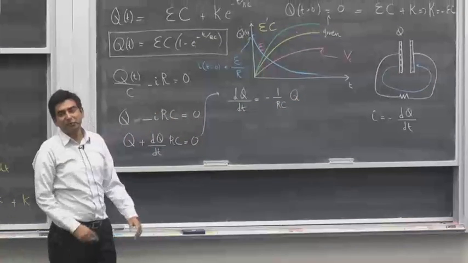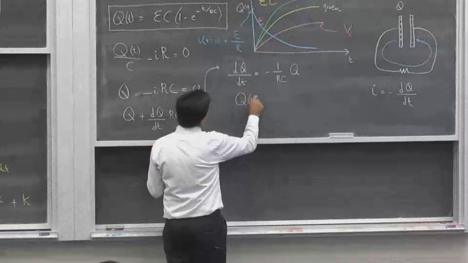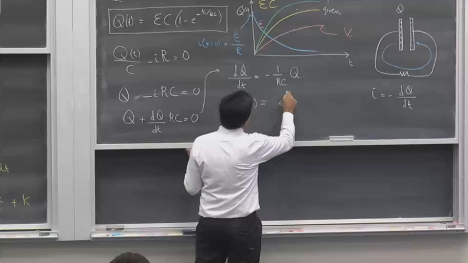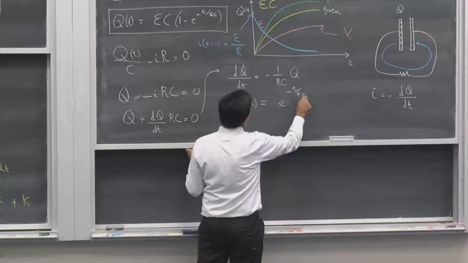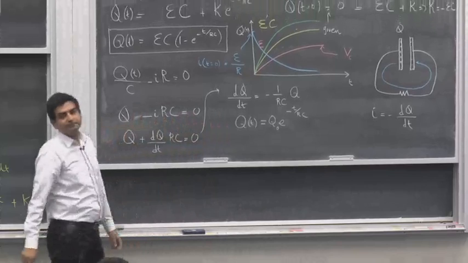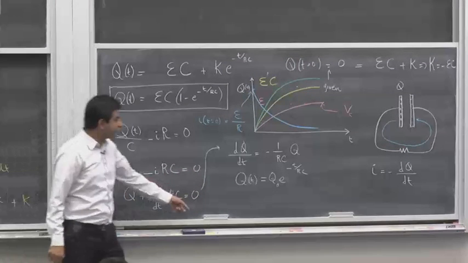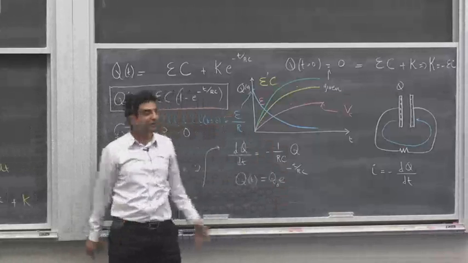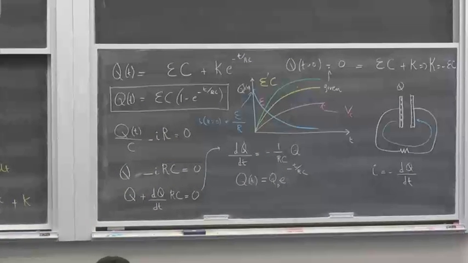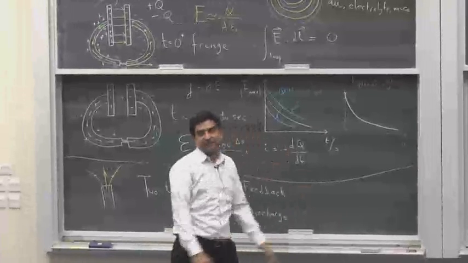Now I can integrate both sides, and my charge is Q equals Q naught e to the minus t over RC, given some initial charge Q naught. Alright, I can differentiate this. I will get an exponentially decaying current. The charge on the capacitor is also exponentially decaying. Everything is going to match this rough plot that I drew without the mathematization.